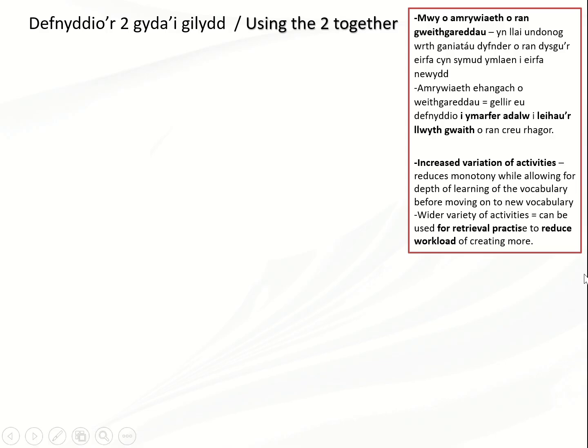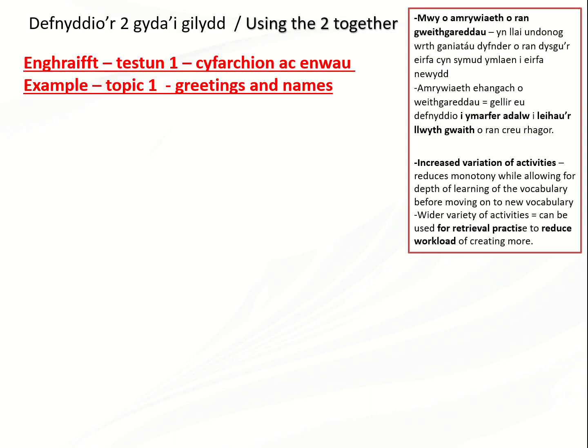And that wider variety of activities not only then will reduce your workload, but can also be used to help the idea of spaced retrieval practice, coming back to the same language repeatedly so that they're really developing a real deep quality of how much they know, rather than focusing on trying to learn too many topics.